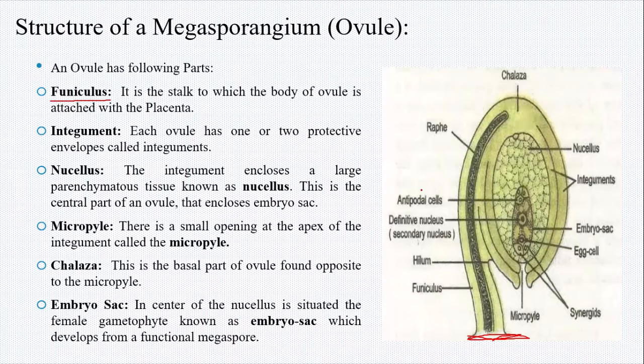Integument is the protective envelope that surrounds the whole body of an ovule. That is the nucellus, which is surrounded by the integuments.